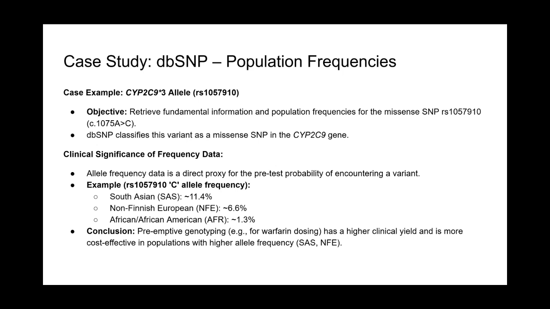For example, the relatively high frequency of the CYP2C9*3 allele in South Asian and European populations suggests that preemptive genotyping for this variant prior to prescribing warfarin may have a higher clinical yield and be more cost-effective in these groups compared to populations where the allele is rare, such as those of African ancestry. This allows clinicians and health systems to move from broad population-level data to an individualized assessment of risk and the potential utility of genetic testing for a specific patient.